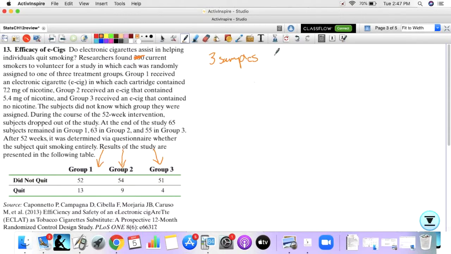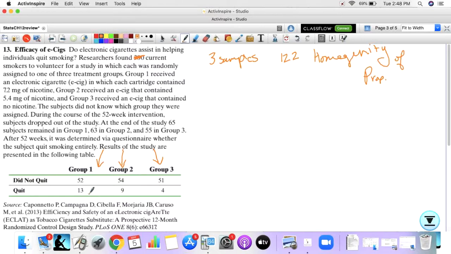This is going to be section 12.2, and this is going to be specifically the homogeneity of proportions. That's going to be the test we do. What we would normally have to do is check our expected values and make sure that they're all greater than 1.